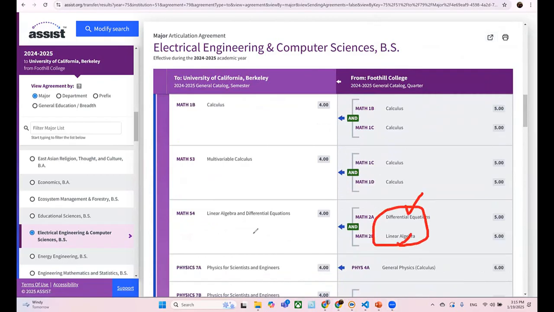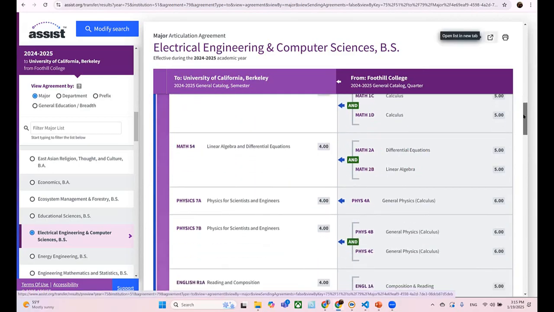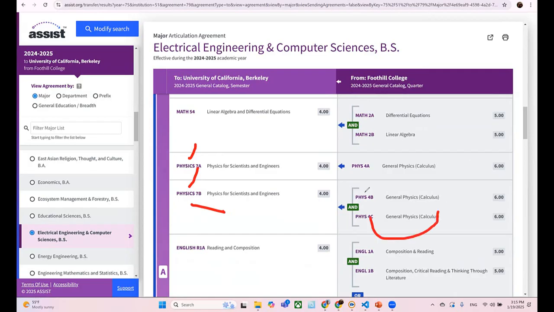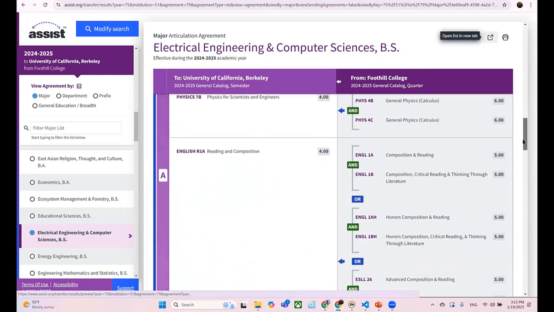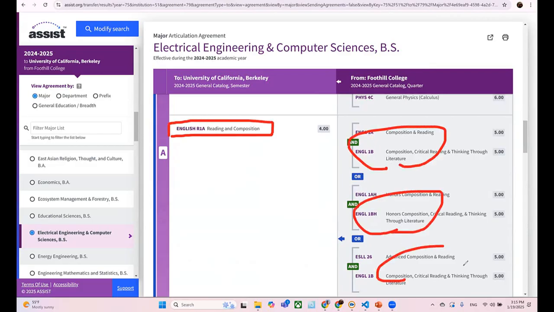You can change it for 54, linear algebra. And 1C, 1D, you can change for multivariable calculus. So Foothill College, this is good. 7A physics, you can use Foothill College general physics to change for it. And then for your English writing, you can use AP English literature or language to change for it, but you can also take it from community college to swap the credit.